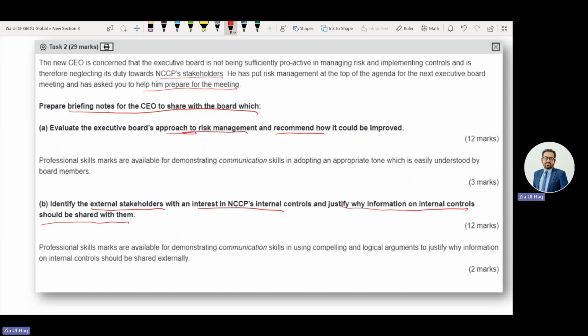I mean, you need to identify some external stakeholder who have an interest in the company's internal control, meaning policies, and you need to justify why the company needs to share information about internal control with them.